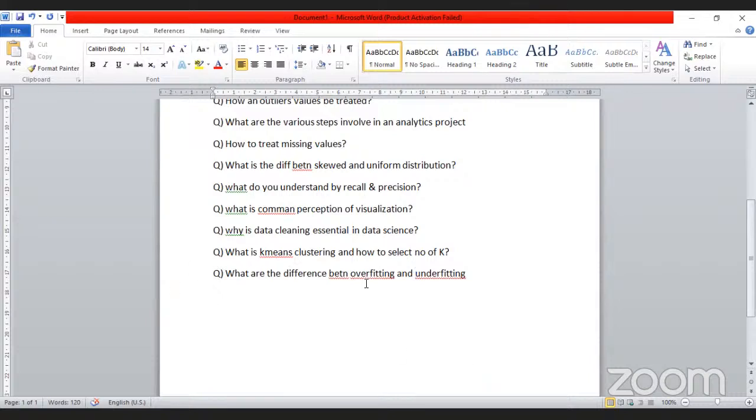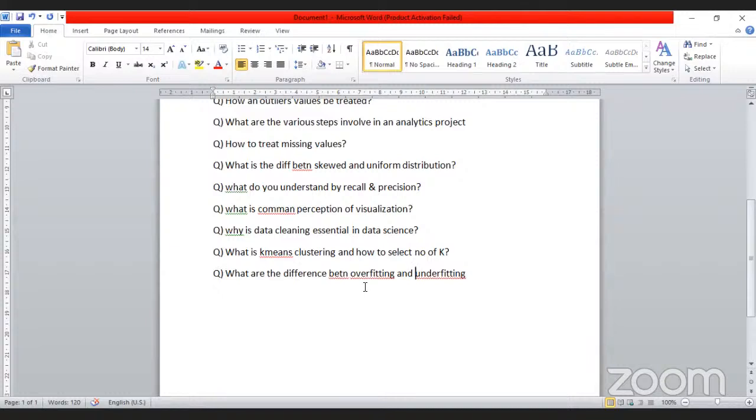So, overfitting and underfitting. When we are building a model, we check the accuracy of our model. How to check accuracy? The best fit model is the one giving nearly similar accuracy on train data and test data. But sometimes we get train accuracy and test accuracy that are different.